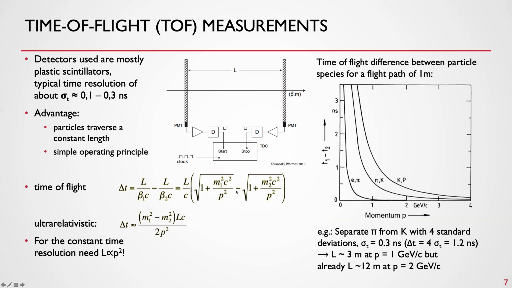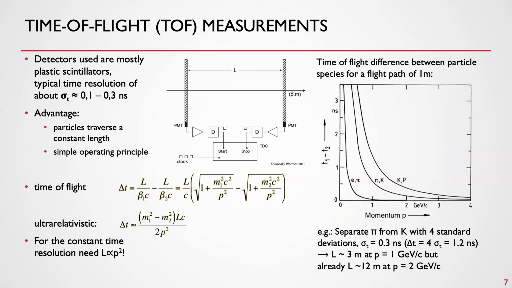There's a difference because we are only interested in the time of flight differences between two hypotheses, namely, let's say, the pion and the kaon hypotheses. That's two square roots that we can Taylor expand in the ultra-relativistic limit where p squared is larger than m squared. The time difference then becomes proportional to the mass difference squared divided by the momentum squared.